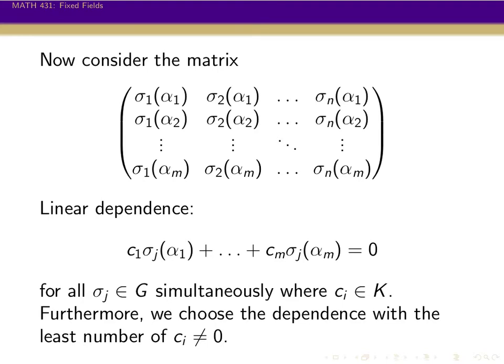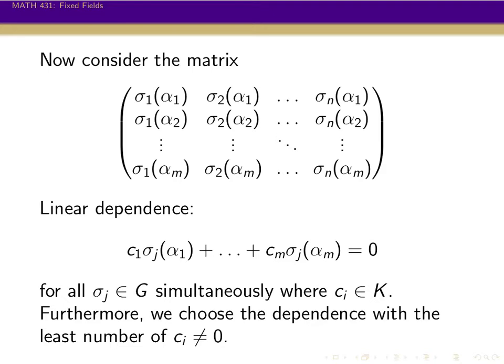Furthermore, since we have a linear dependence, and there's only a finite number of rows being used, we can just automatically choose the dependence with the least number of Cis not equal to 0, right? So there has to be at least 2 of them that are not equal to 0, or else it's not really a linear dependence.